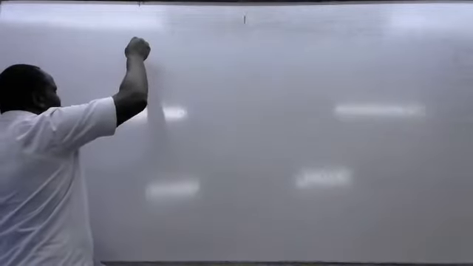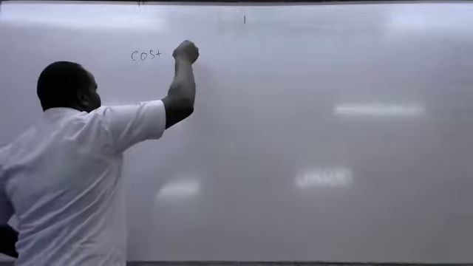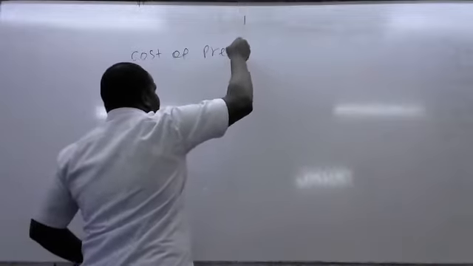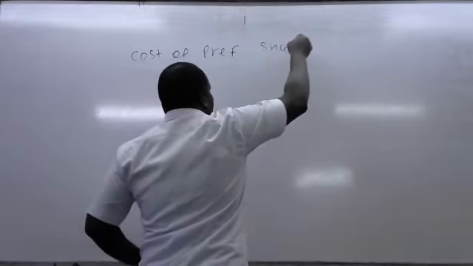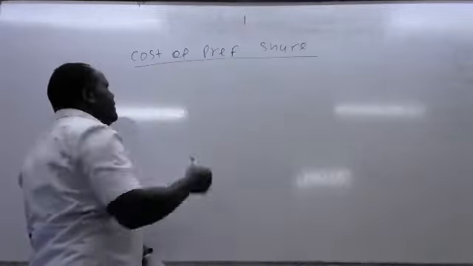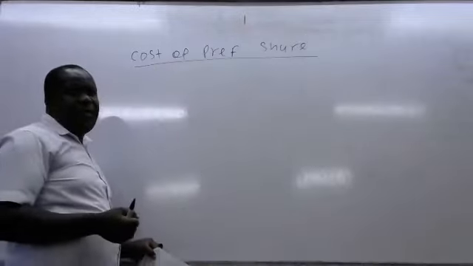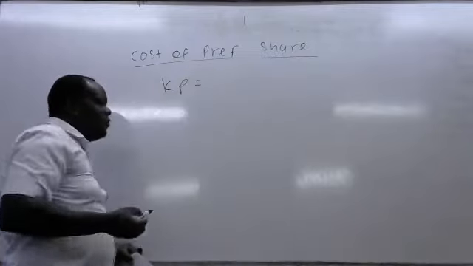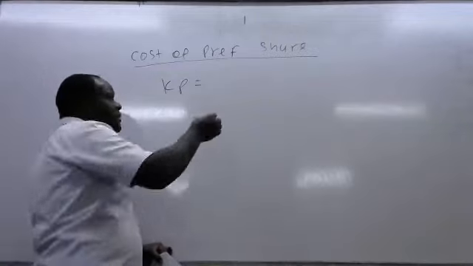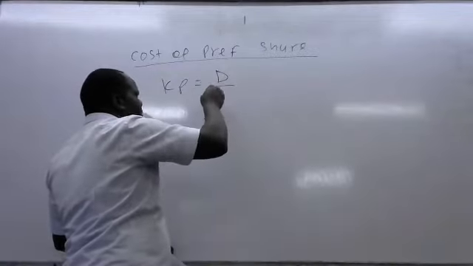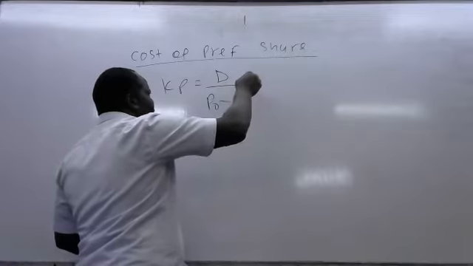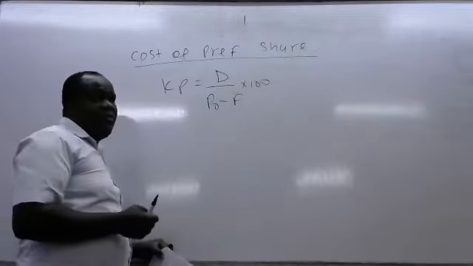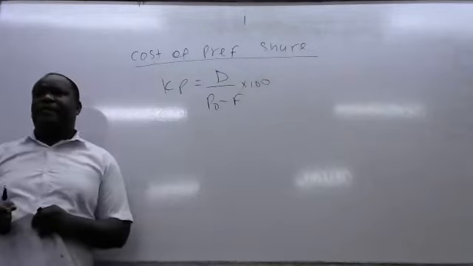So to compute the cost of the preference share, it is supposed to be given by KB. So KB should be equal to dividend divided by PO minus the flotation cost. Then we express it as a percentage.